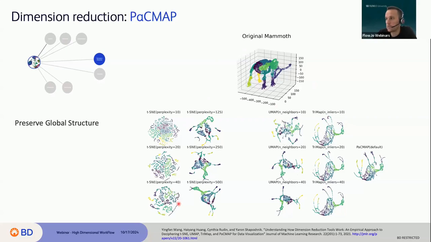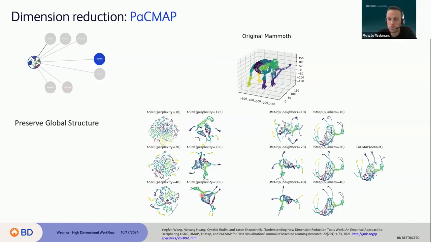you see that on t-SNE, it really separates the different parts of the mammoth, okay, the different legs, the rib cage, the head, etc., into the different populations. But really, we don't get the global structure.